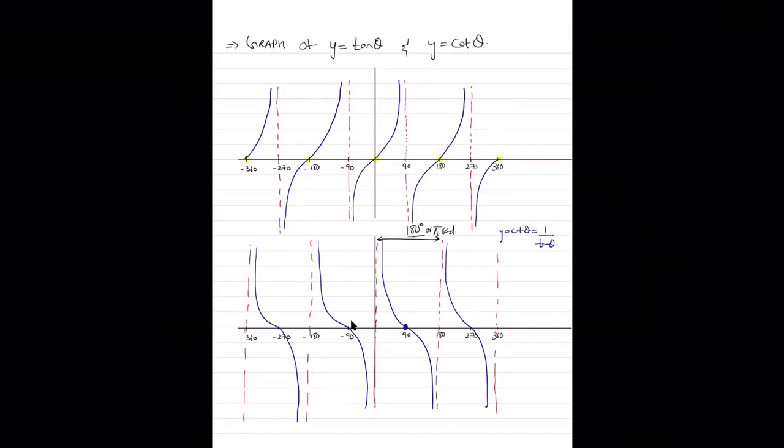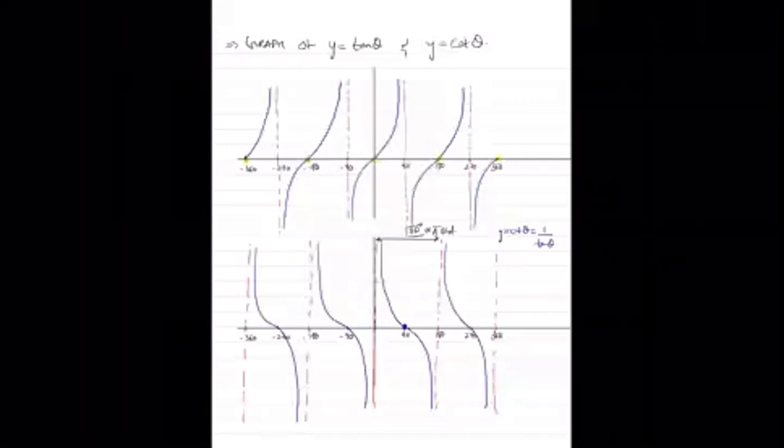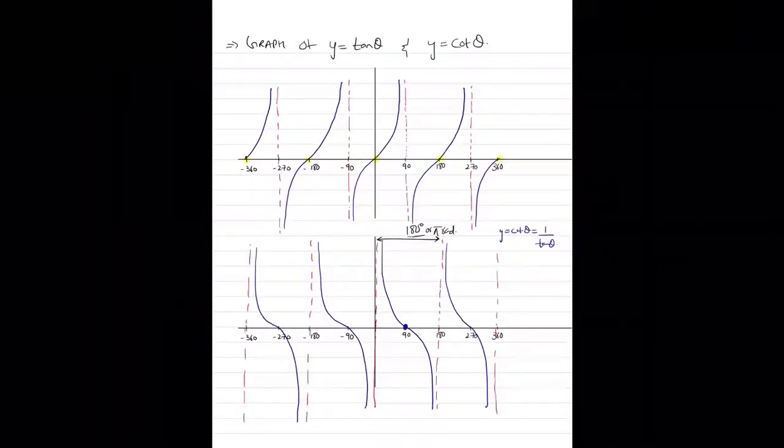So integer multiples of pi radians means that 0 pi, 1 pi, 2 pi, these are the positions for the vertical asymptotes. All right. Is this clear so far? Yes, sir. Okay.